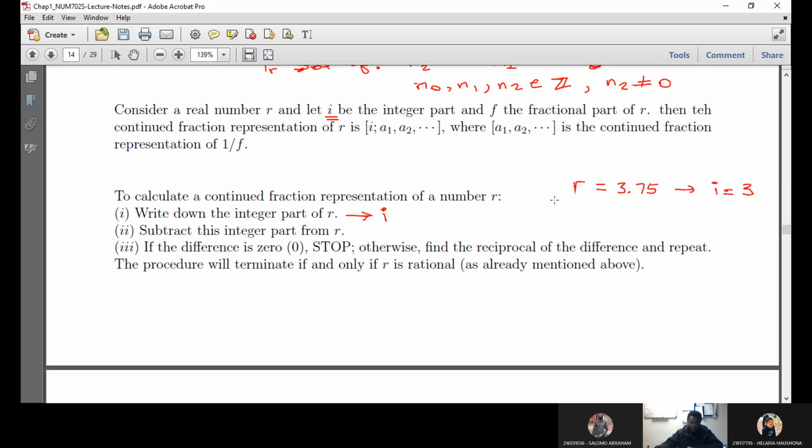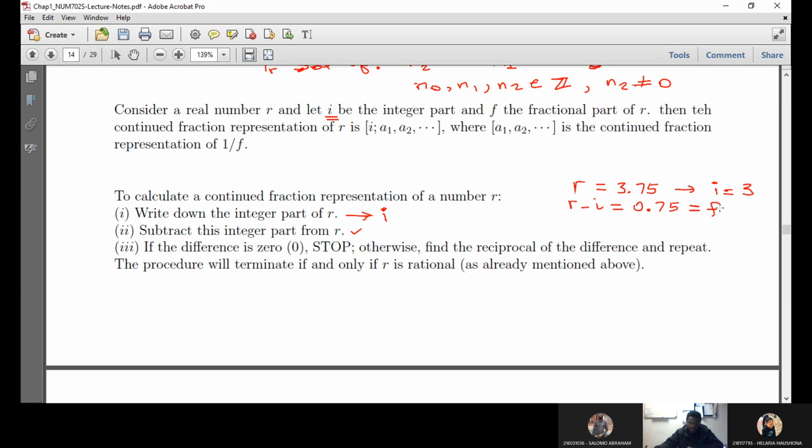Now you subtract this integer part from R. So I take R minus I. This will give 0.75. This is the fractional part, that's what we call F.